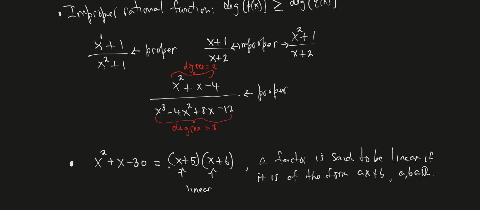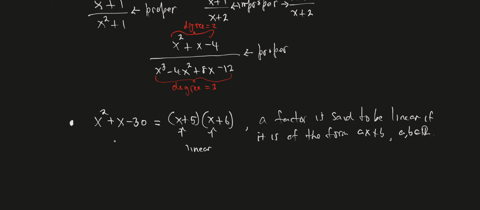Now, if you take a look at something like x squared minus 10x plus 25, this can be factored as (x minus 5) times (x minus 5). So here, the linear factor is repeated. Again, this is a linear factor, this is a linear factor, but it's actually repeated.